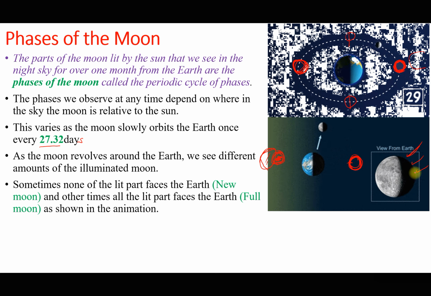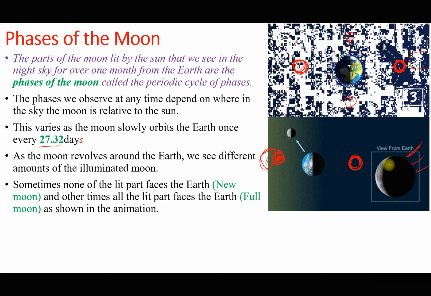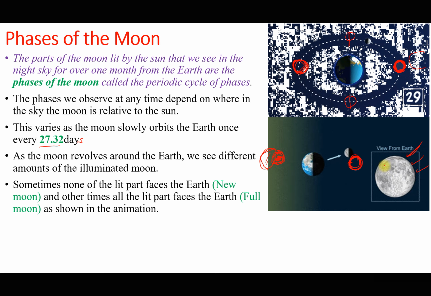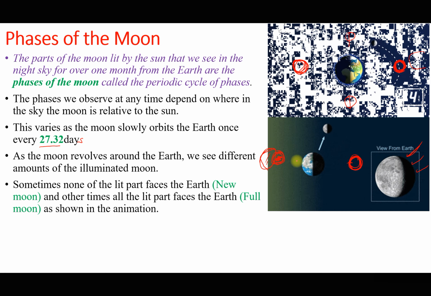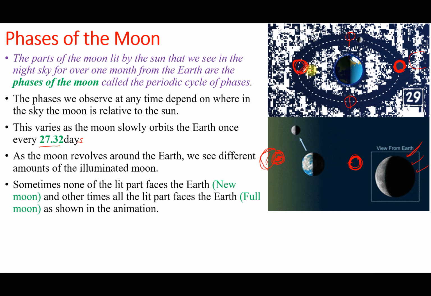So we say it is waxing, and then after we see a new moon starts, then we say it starts waning. Only that this animation only shows waxing from the full moon to a new moon. But this animation which is corrupted, if you have downloaded my slides on your computer, I think this will be showing very clearly.